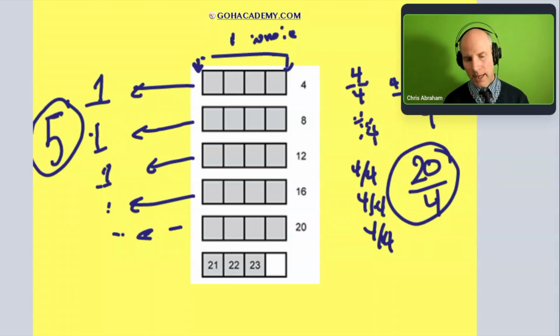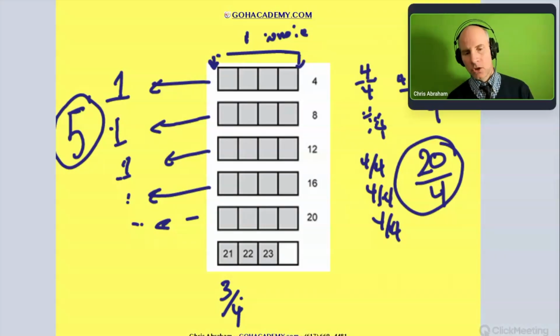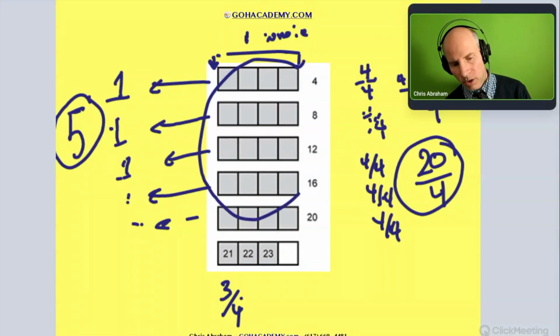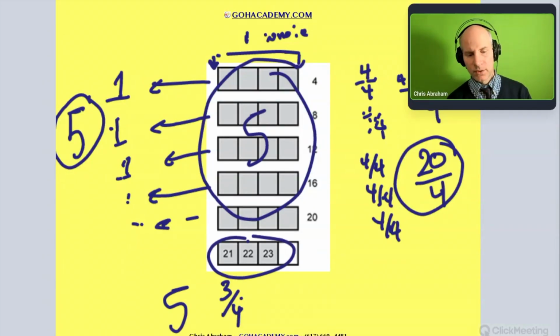Okay, and what else do we have? Well, then we have this last one here. This is not quite an entire one. We would say it's 3/4 of an entire one. So we have a total of 5 and 3/4 being shown in this diagram.